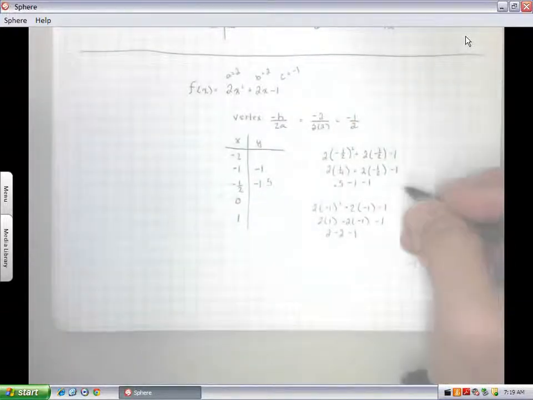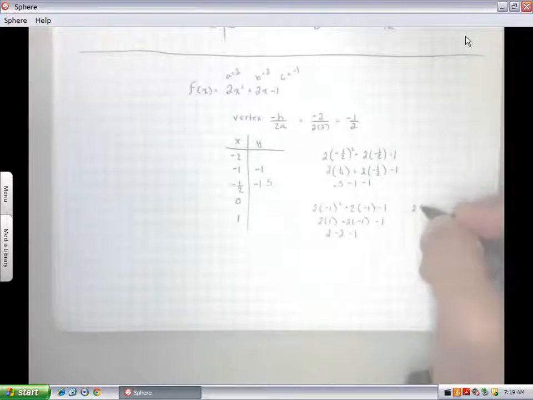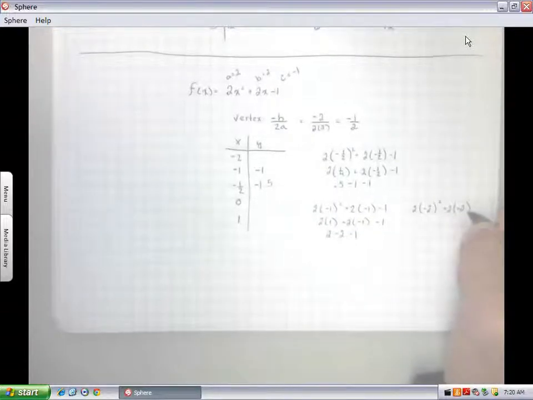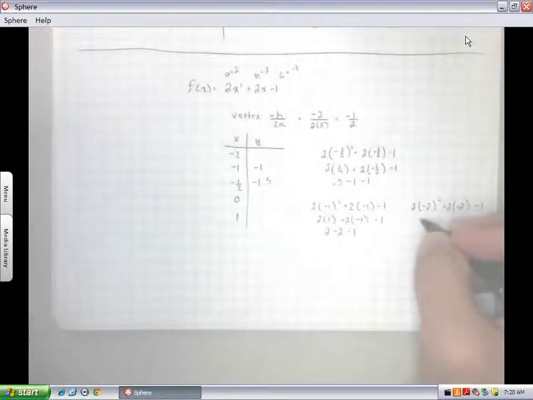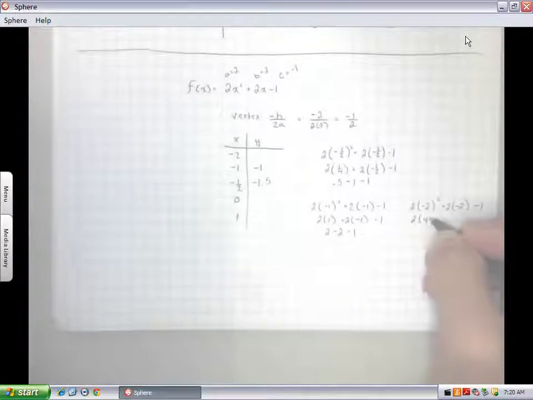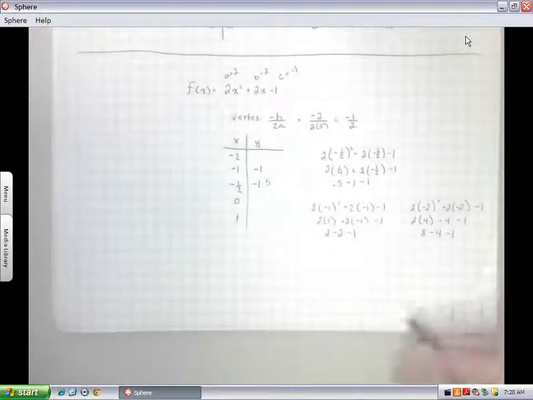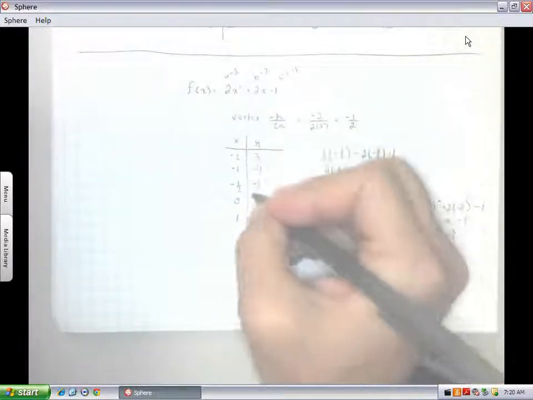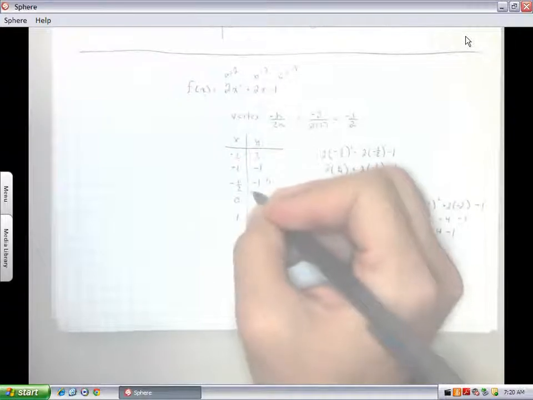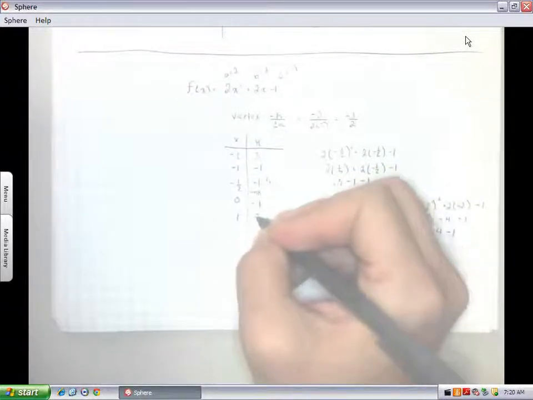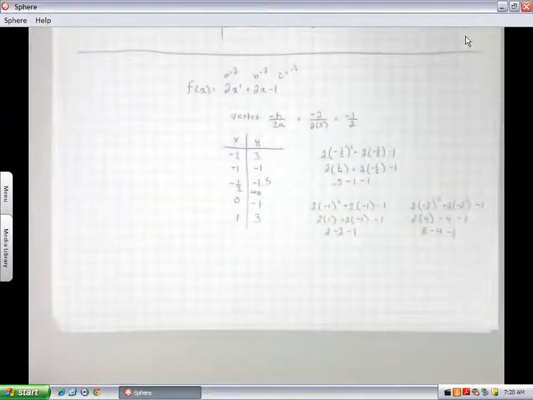Try to plug in negative 2. 2 times negative 2 squared plus 2 times negative 2 minus 1. 2 times 4 minus 4 minus 1. 8 minus 4 minus 1 gives me 3. And on the other side, negative 1 and 3 are also correct. So we would graph that table.